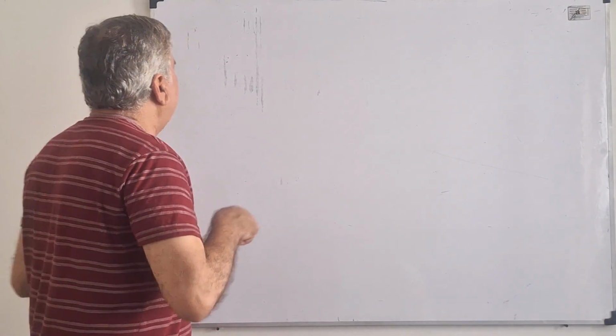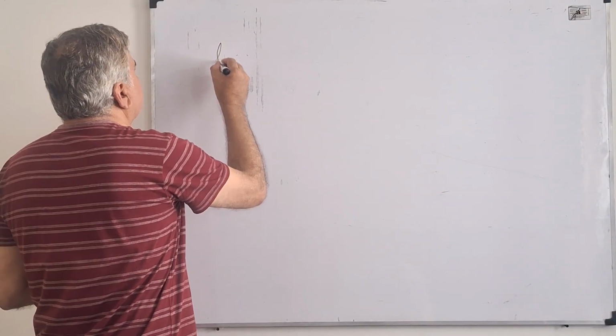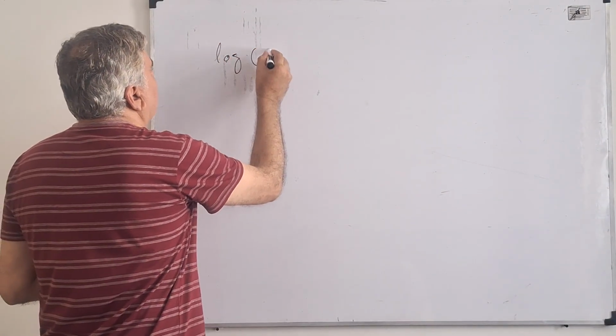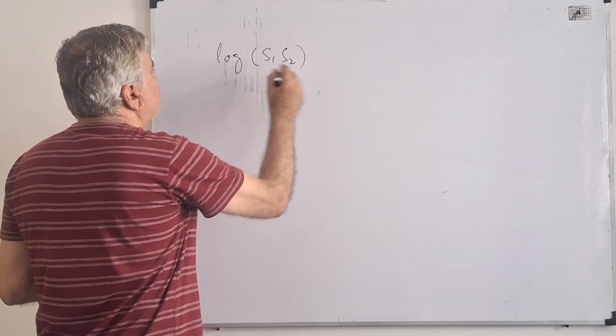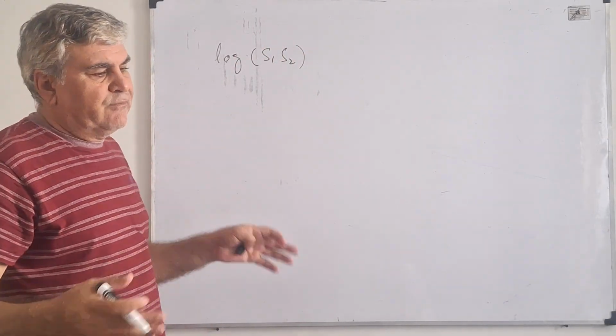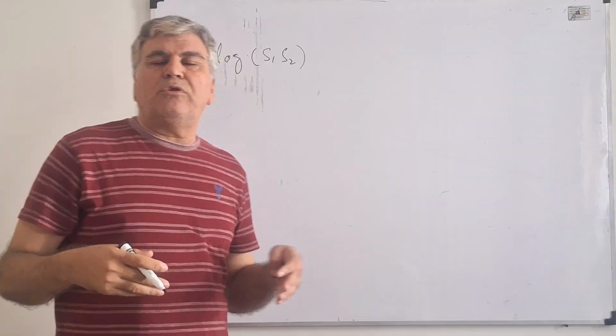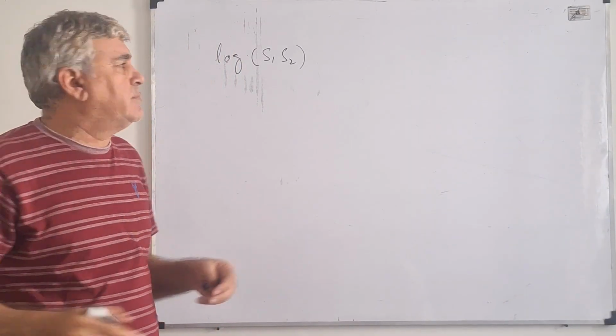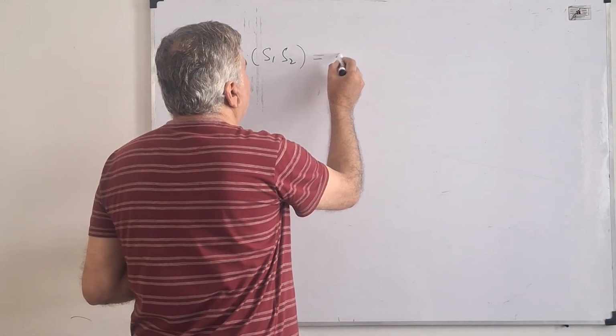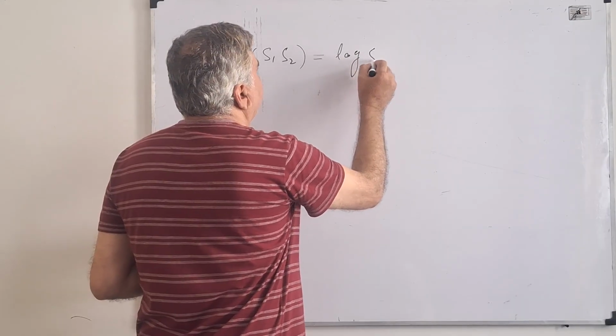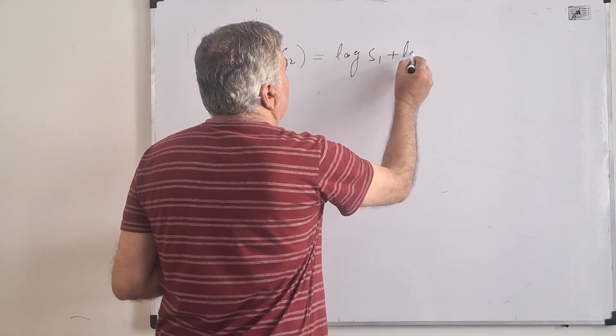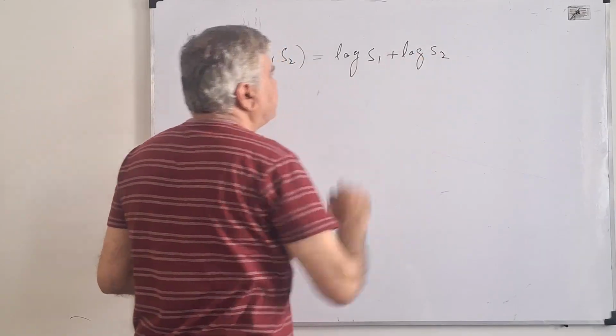That is, we know that if we take log of S1 times S2, where S1 and S2 could be two functions, two series, or any two large numbers, we can write this in the form of log S1 plus log S2.